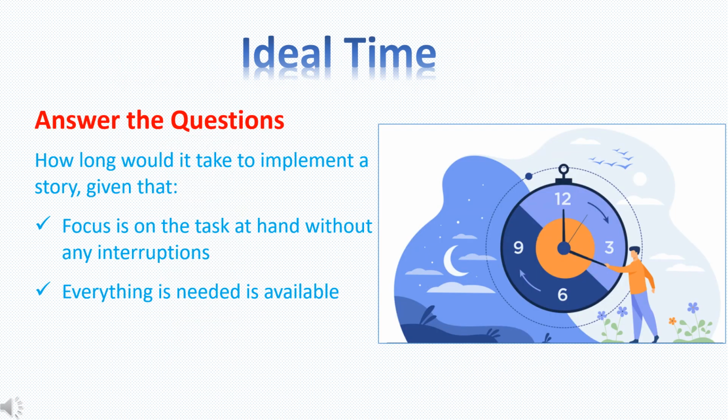I want to discuss a bit more about ideal time here. Ideal time estimates answer the question: how long would it take to implement the story, given that it's the only thing being worked on? There are no interruptions, and everything that's needed, such as clarifications, dependencies, and software, is available.